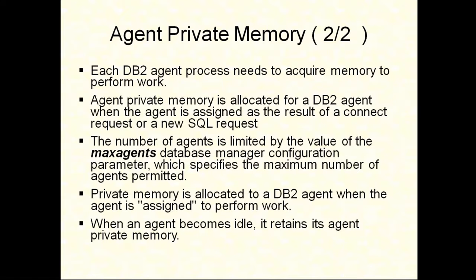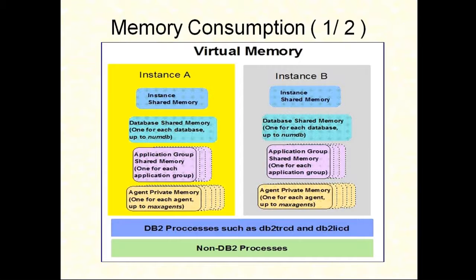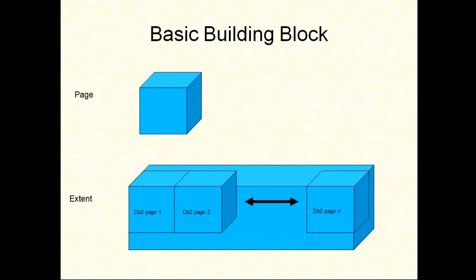Okay, and now we'll focus on the storage model, because that is very much required when you try to understand DB2. Basically, the DB2 page concept works on the concept of an OS page.